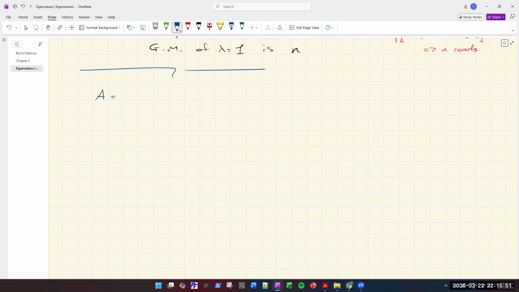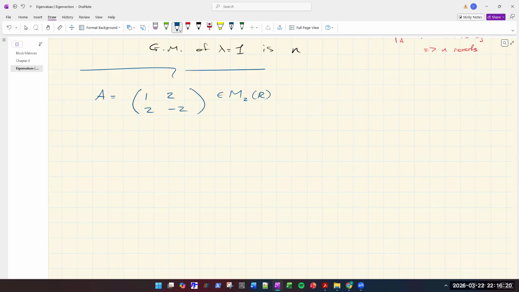Let's say A is given by 1, 2, 2, minus 2. This is a 2 by 2 matrix with real entries. So I want to know the eigenvalues, a corresponding eigenvector, the eigenspace for each eigenvalue, the algebraic multiplicity, geometric multiplicity, and so on.